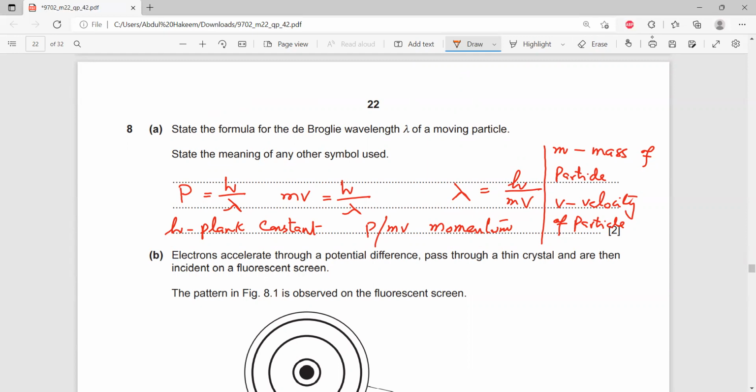But if we write here mv equals h over lambda, then we have to mention that m is the mass of the particle, v the velocity. So it's up to you. Either write this formula, or you can write this, but you have to mention all symbols other than lambda. For example, momentum, mass, velocity, Planck constant, you have to write their names, okay?